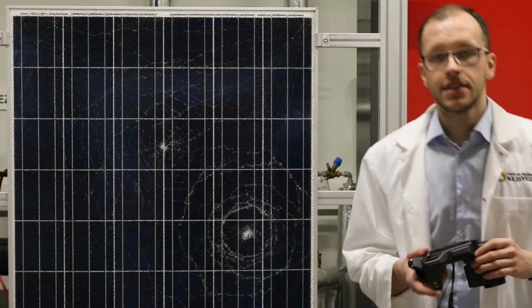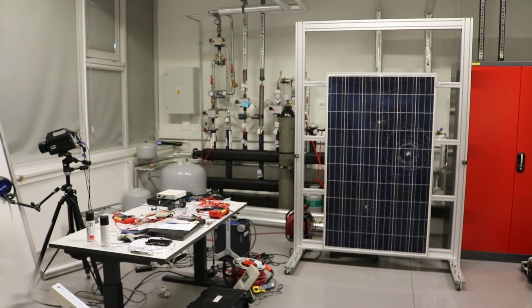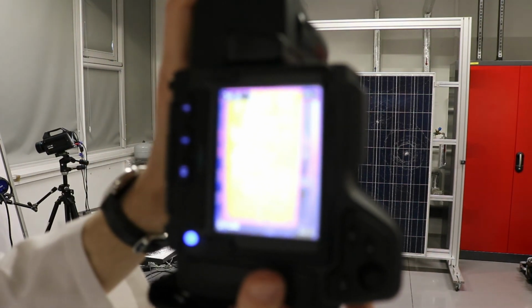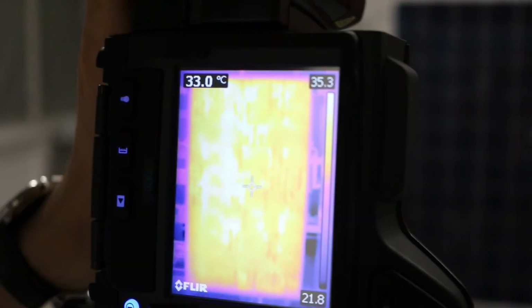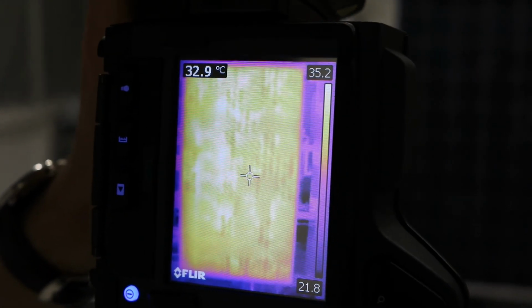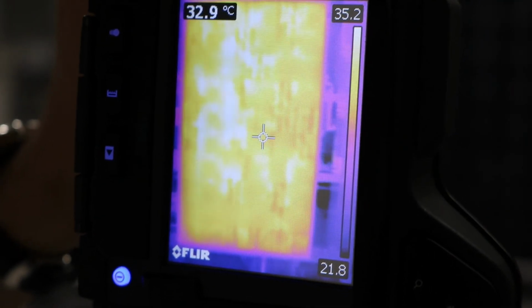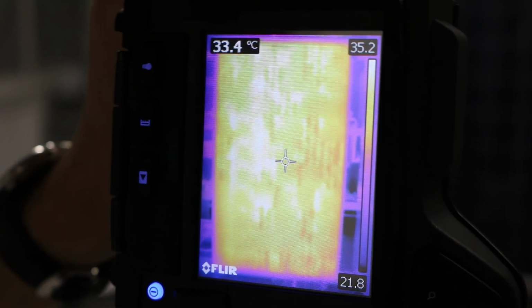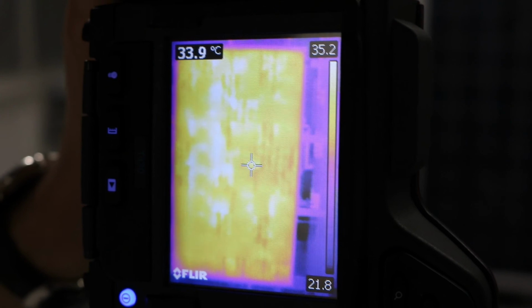So let me show you how the module looks in infrared. As you can see, there are some areas where the temperature is higher, some areas where the temperature is lower. Obviously, when current cannot flow somewhere, it doesn't heat up that part. So that's why it's colder than the parts where current flows.